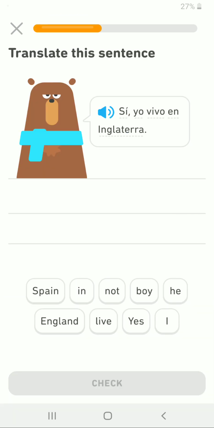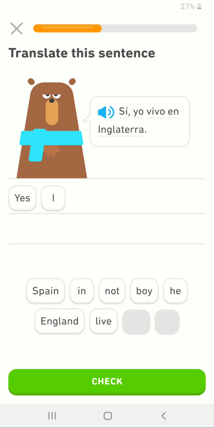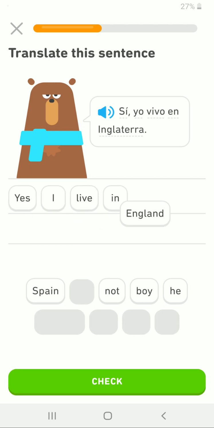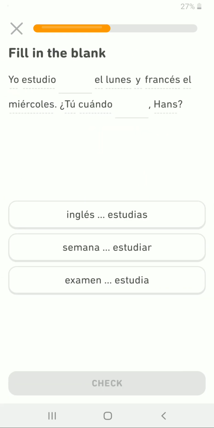Yes. Sí, yo vivo en Inglaterra. Vivir. So we have the verb vivir is to live. Sí, yo vivo en Inglaterra. Yes, I live in England.